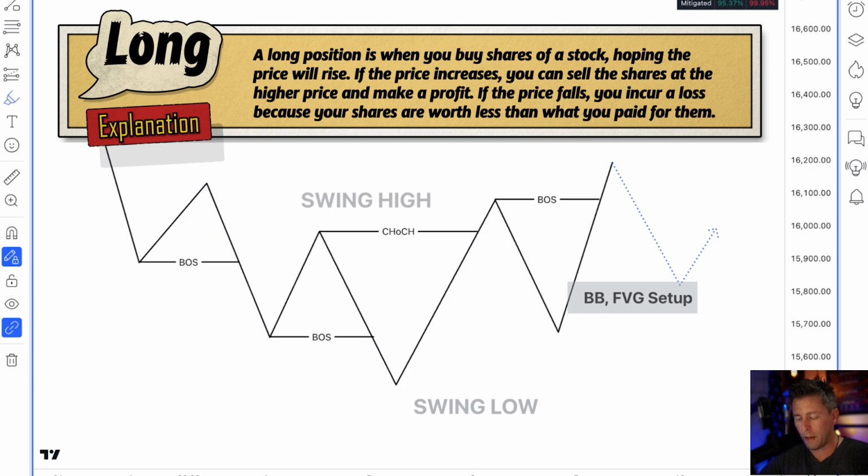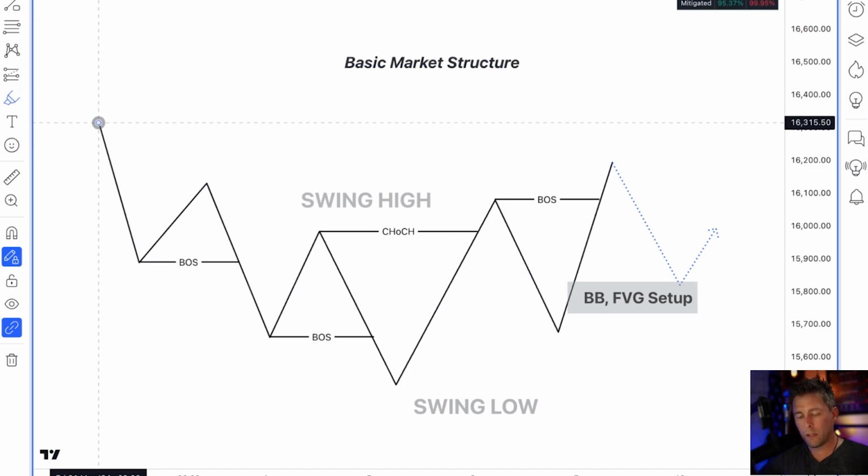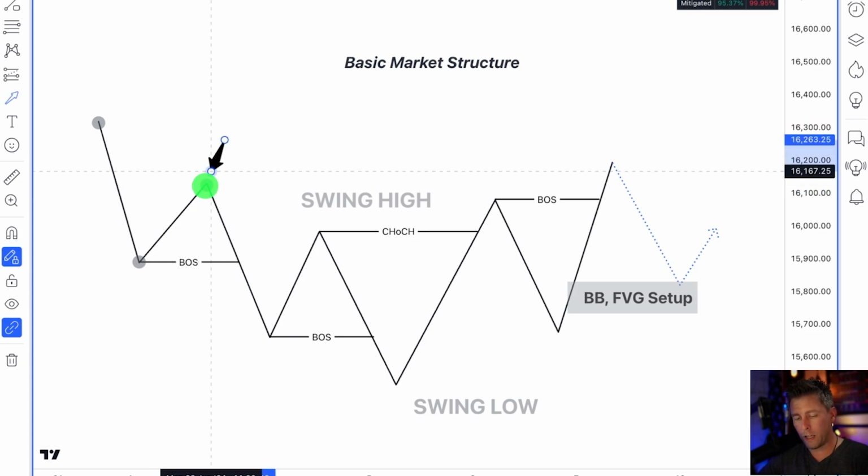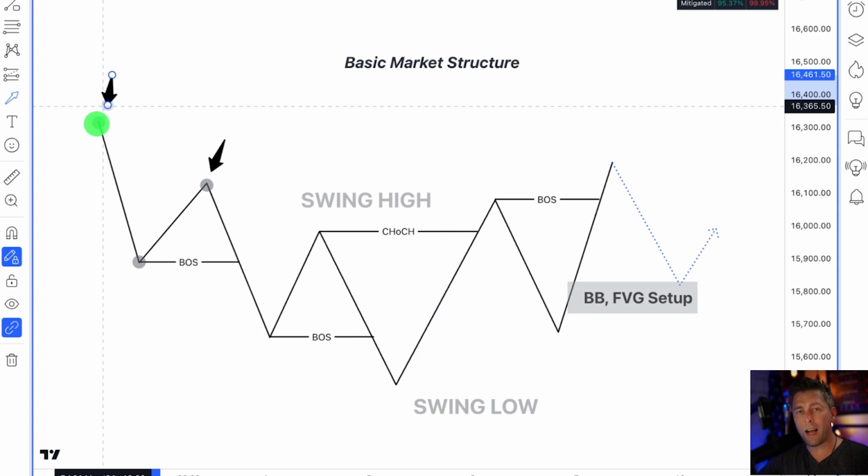So let's go from the left to the right. First, we have our high. Market then makes a low. Now the market pulls back and makes a lower high. And what this is signaling is that this point is lower than the previous high. That's why it's called a lower high.